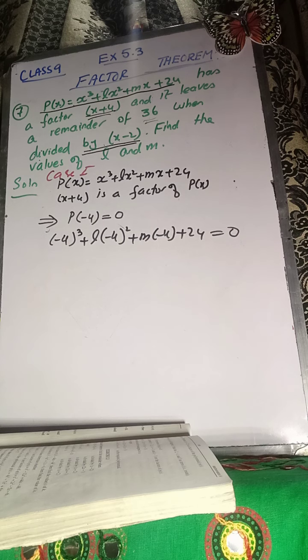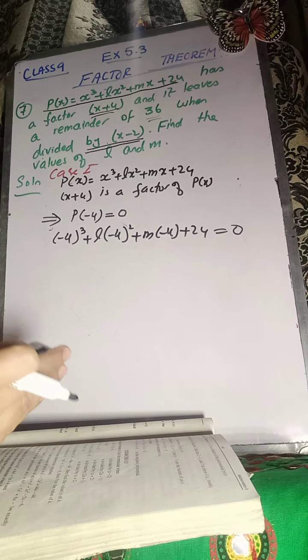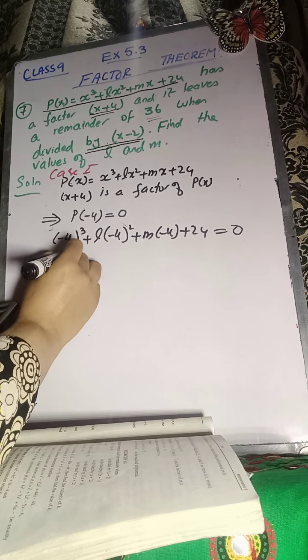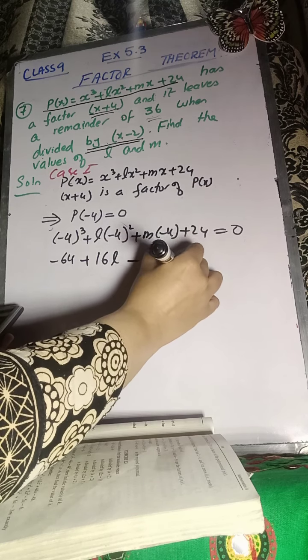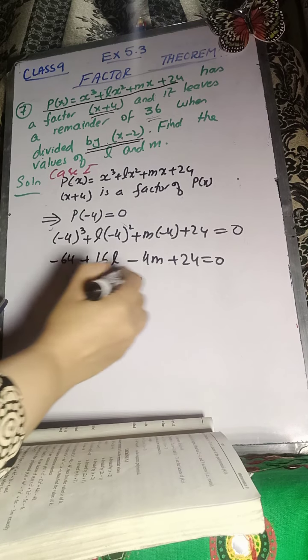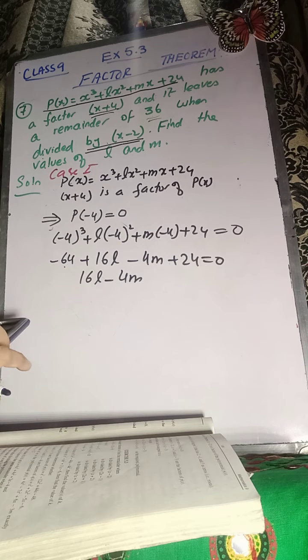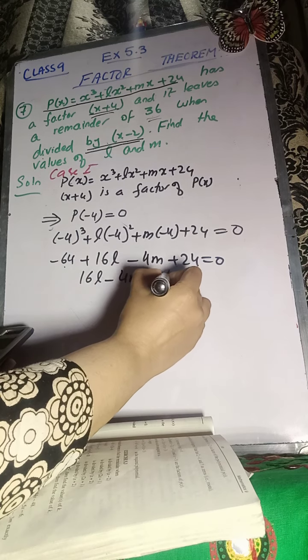Okay, so now -4 cube will be -64, plus this will be 16L, -4m plus 24 equals 0. 16L minus 4m will be equal to -64 plus 24, which will be equal to -40, and when shifted to the right hand side this will become a positive 40.